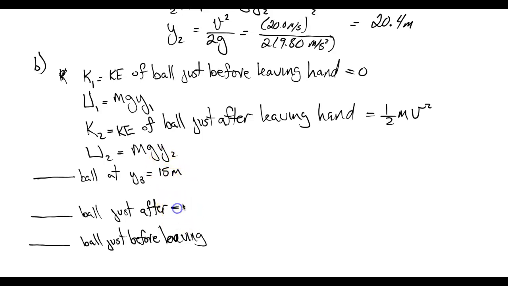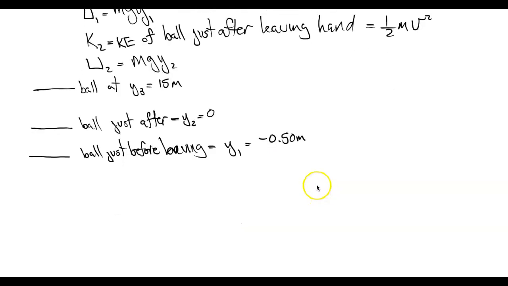So this is where y2 equals 0, and this is where y1 equals negative 50 centimeters. So the ball is still in our hand for about half a meter while we're moving upward.